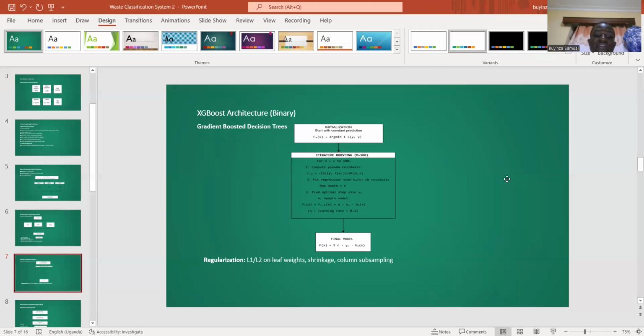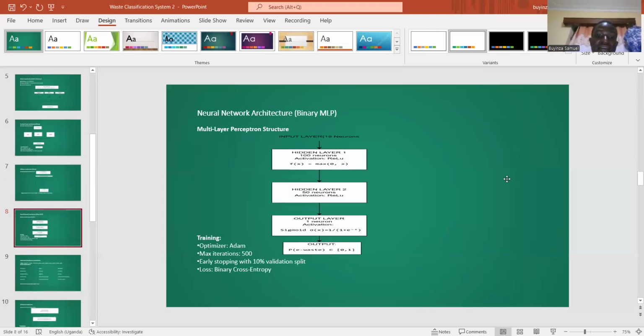So for the regularization, we have our L1 over the L2, that is on the leaf weights, the shrinkage, and then the column subsampling. Then for the neural network architecture, that is the binary MLP, the multi-layer perceptron structure.